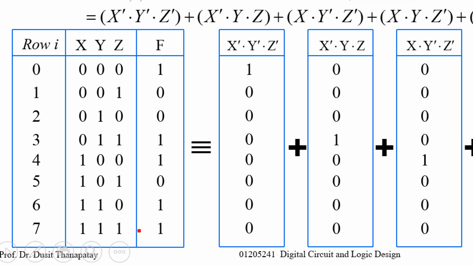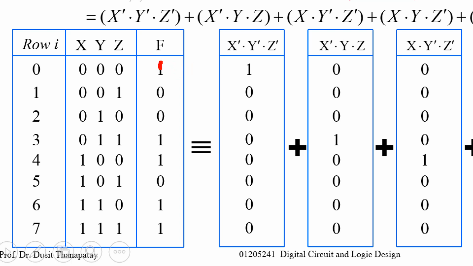Now to write down the complete mathematical representation of this function, you may use something like superposition in circuit analysis. You concentrate only on the logic 1 outputs one by one.